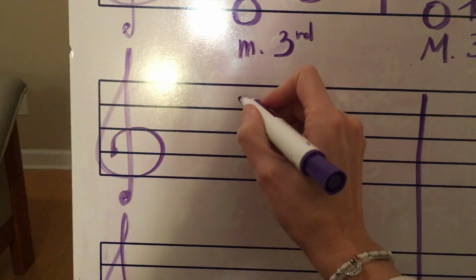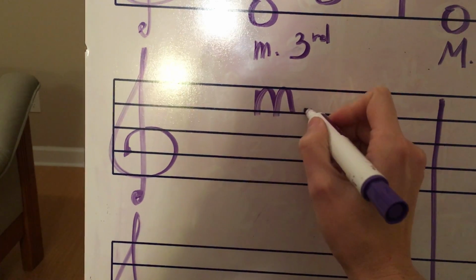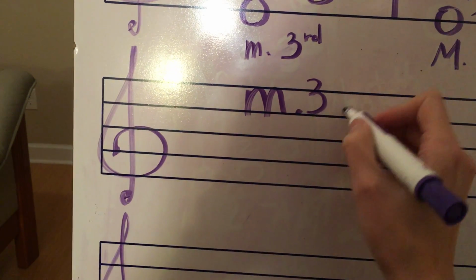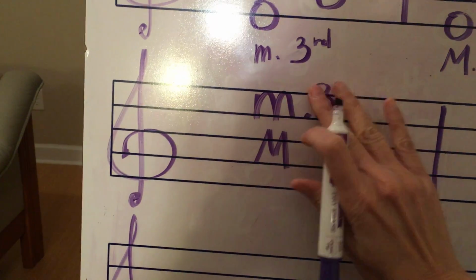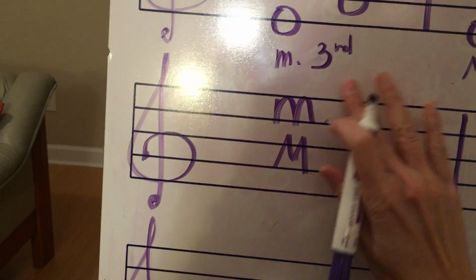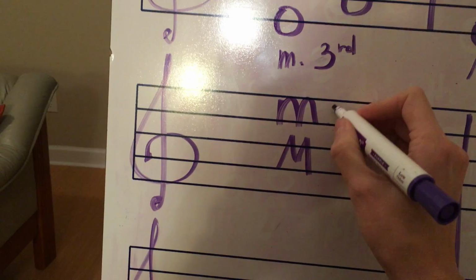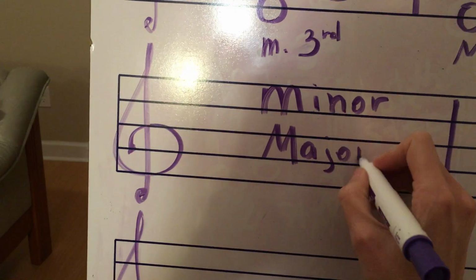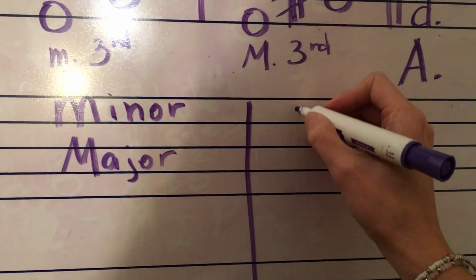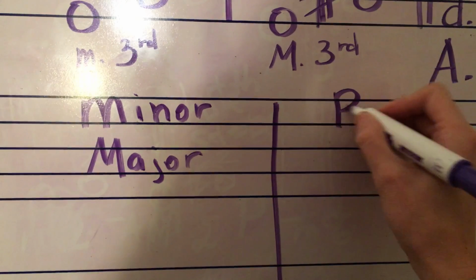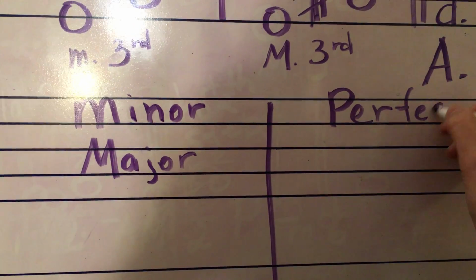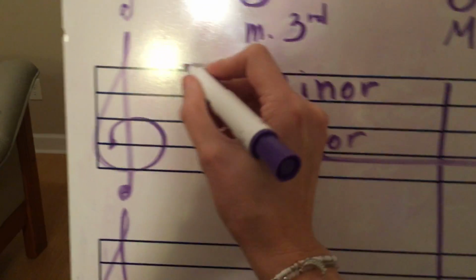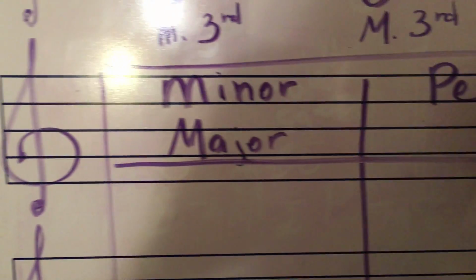Let's just say there will be certain intervals that can change between minor and major. Let's just write them down. Minor, major. And then here we're going to have perfect. So these are the basic qualities we are going to talk about.